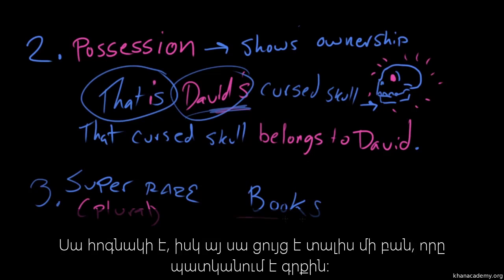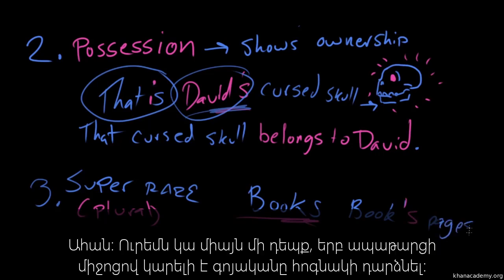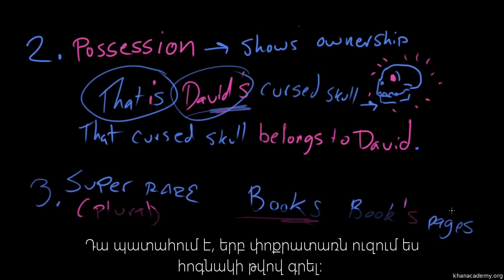Yeah. There's the plural, and there's something belonging to the book. Right. The book's pages. Right. So there's really only one case where you want to use an apostrophe to make something plural. What is that case? That case is when you're trying to make the plural of a lowercase letter.